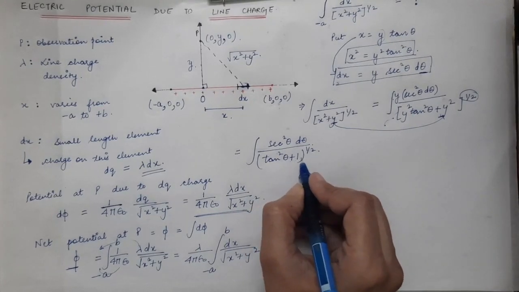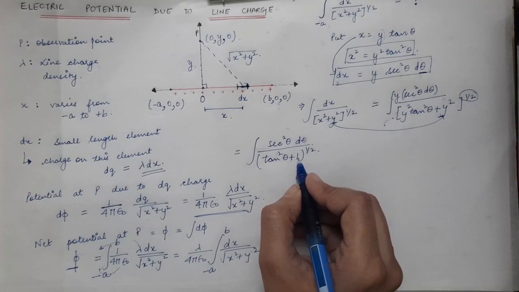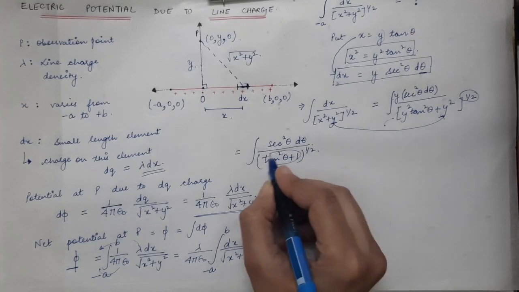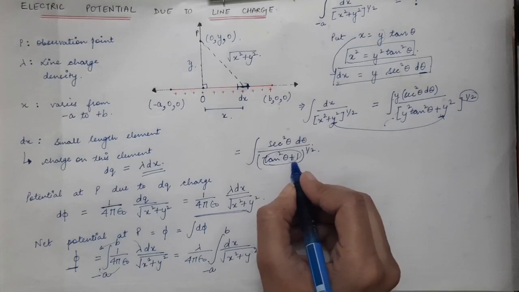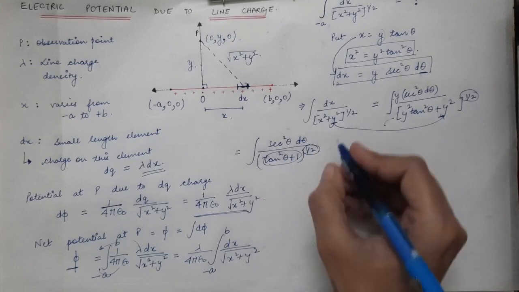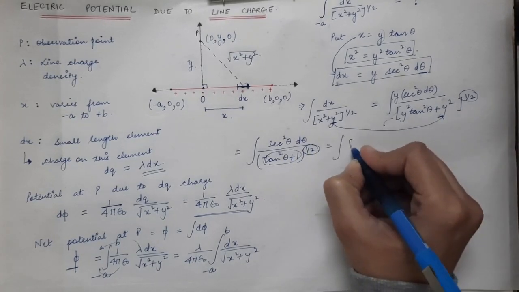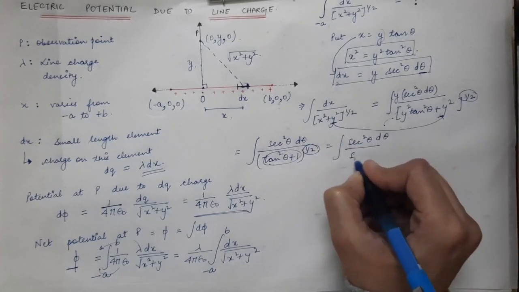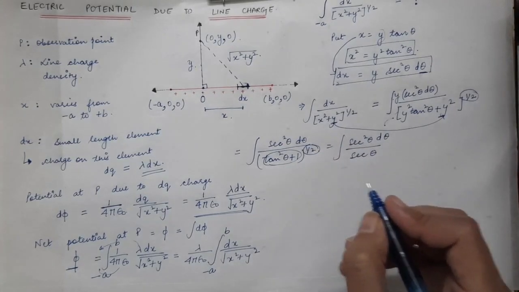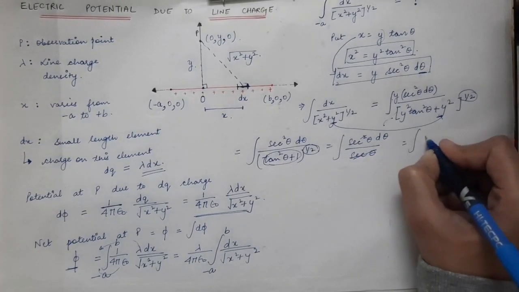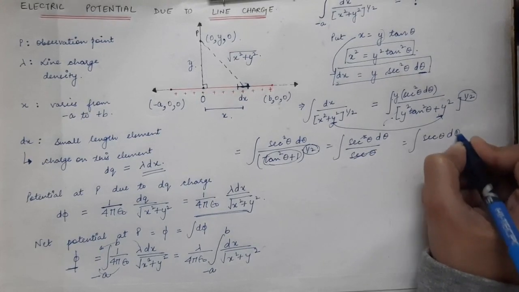Now tan square theta plus 1 is nothing but equal to secant square theta, and secant square theta power 1 by 2 will be just equal to secant theta. So this expression will be equal to secant square theta d theta divided by secant theta. This secant theta will cancel with one in the numerator, so that will be equal to integration of secant theta into d theta.